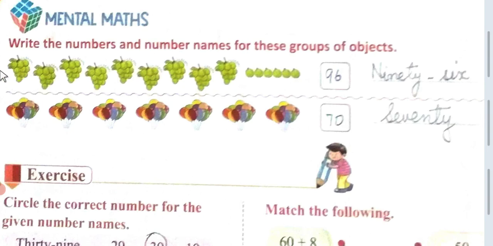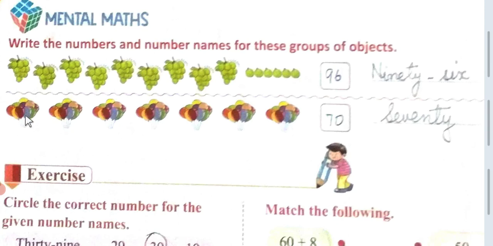You can count 1, 2, 3, 4, 5, 6, 7, 8, 9 and 10. So 9 bunches means it is 90, and 6 others, 1, 2, 3, 4, 5, 6. 6 ones are there, so the total number is 96, and you will write the names of these groups of objects, that is 96.